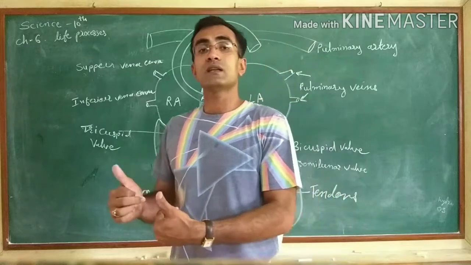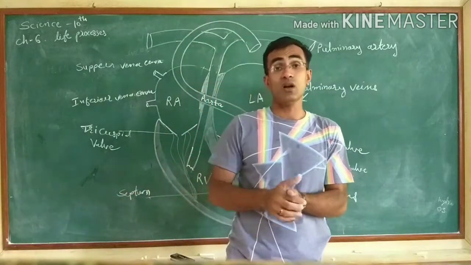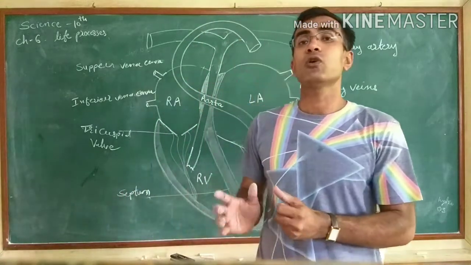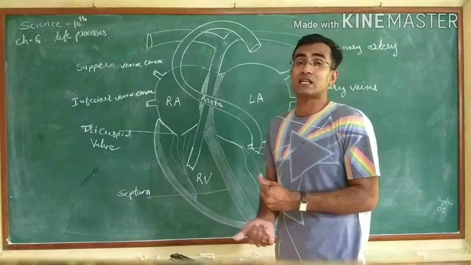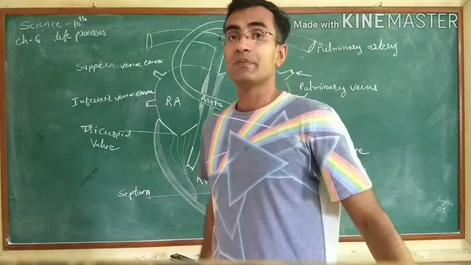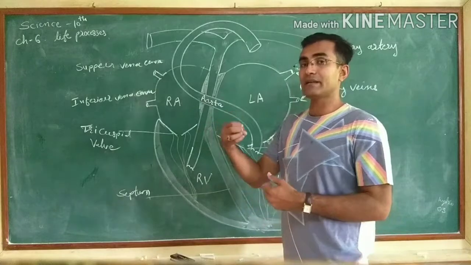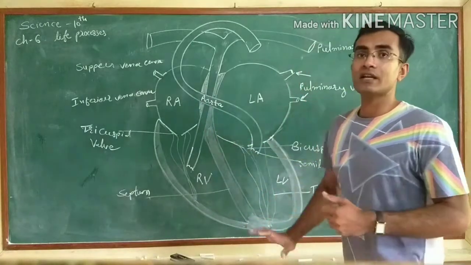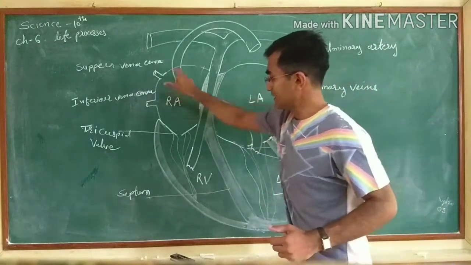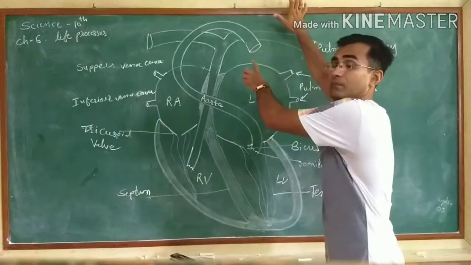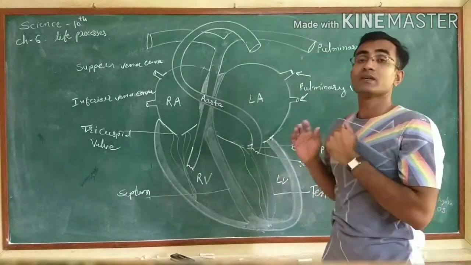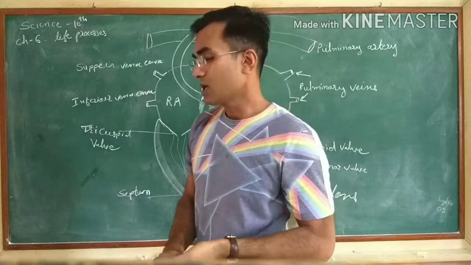Unlike other organisms like fish, the blood will flow only one time. It's a single circulation of blood in those pisces, I mean in the fishes. But over here the blood, once it entered, went into the lungs and came back into the heart, so it is the double circulation.